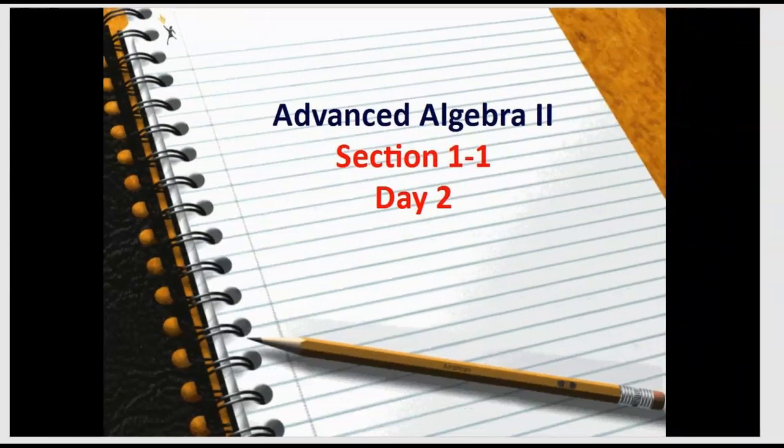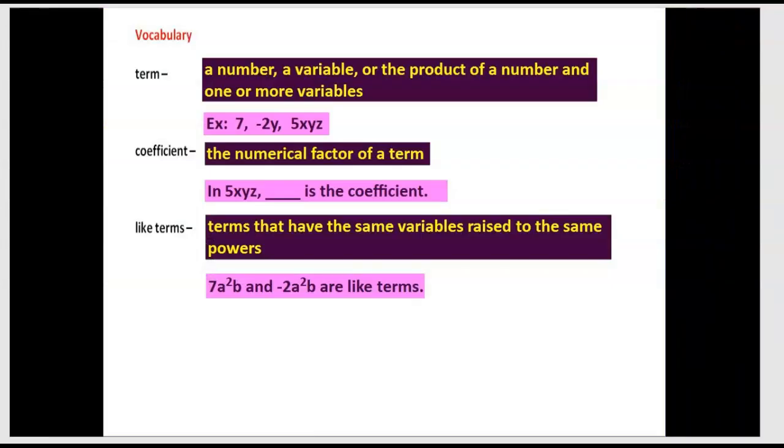So again, we're going to look at our new vocabulary words. Examples of a term could be the 7, or a variable, which is the -2y. So the variable is the y. And then you can have it being a product of a number and one or more variables.